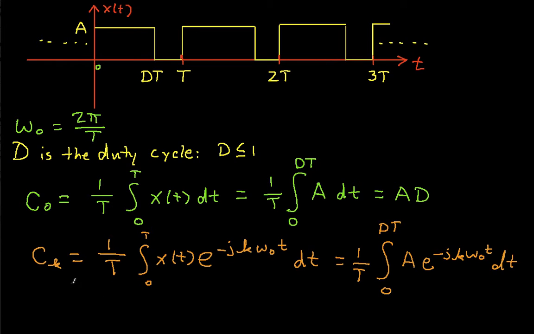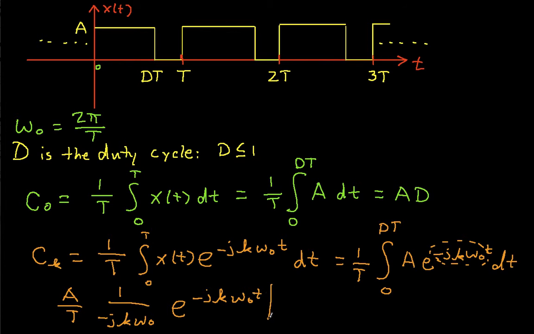If we work this integral, we'll have a over T times 1 over minus j k omega 0, which comes from the exponent, and then e to the minus j k omega 0 t evaluated between 0 and dT.